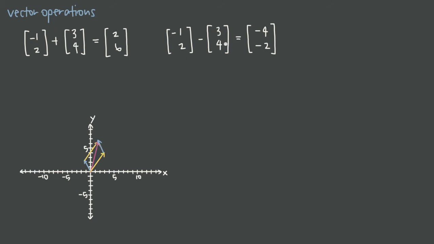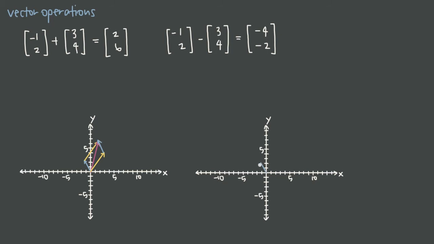When it comes to subtracting vectors, remember that matrix subtraction is not commutative. So we can't take 3, 4 and then subtract off -1, 2. The order matters here. We have to say -1, 2 minus 3, 4, which means we want to start here with the vector -1, 2. So let's say that we start with -1 and then +2 coming up here.